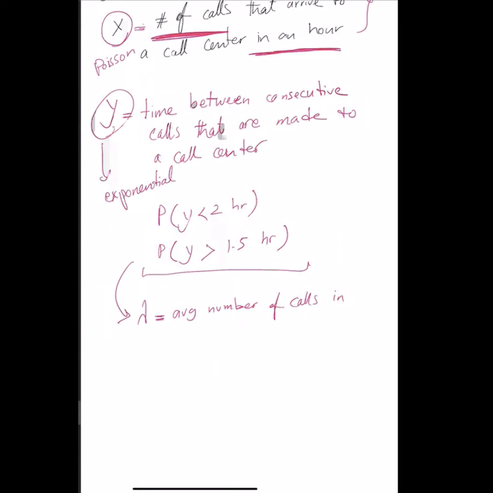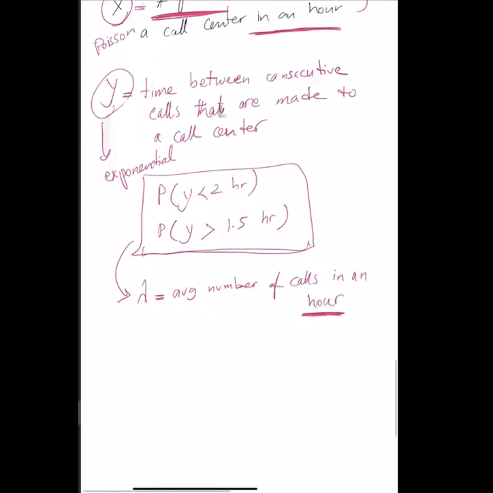The lambda that you need to answer these 2 questions is the average number of calls in how long? An hour. All that matters is that it's in an hour. The question tells you that this center receives 10 calls in an hour. Okay, perfect. You have the lambda, put it in the formula, find the answer to these questions.